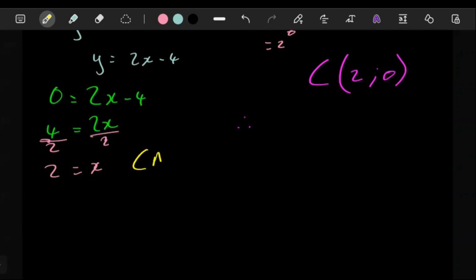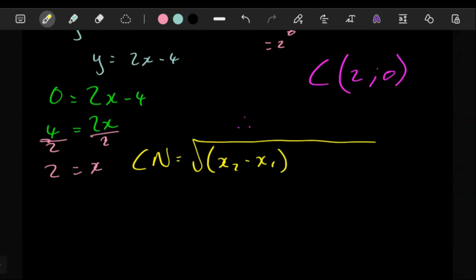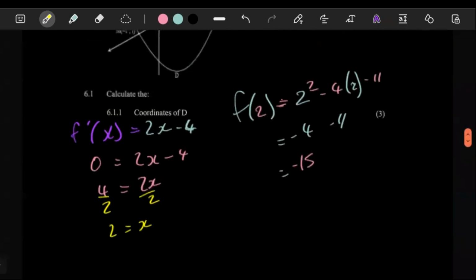Square root of (x2 minus x1) squared plus (y2 minus y1) squared. So which coordinates do we have?